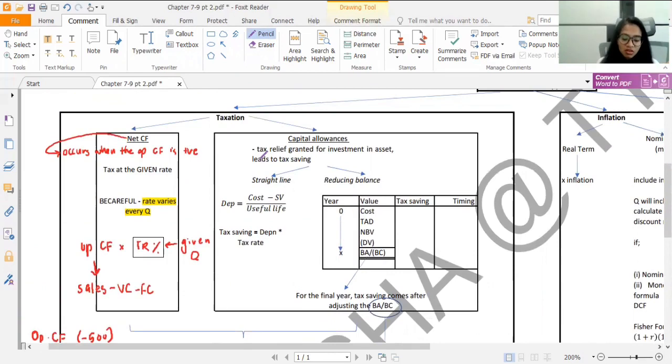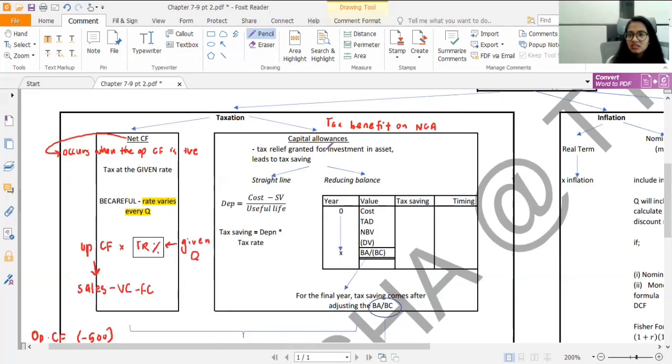But when you talk about capital allowances, all right, what is capital allowances and why do you have capital allowances? So guys, remember just now I said tax benefit on a non-current asset.